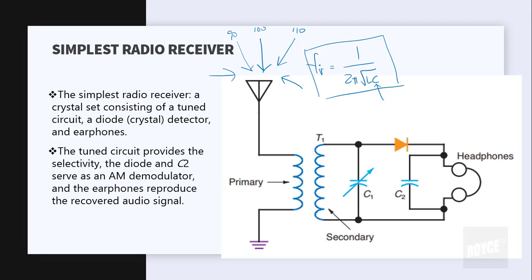So, halimbawa, ang hinahanap natin is channel, let's say this is channel 10, this is channel 11, and this is channel 9. Gusto mong makinig sa channel 10, so va-vary mo yung capacitance. Bakit? Para itong tuned circuit na to will only resonate at this desired frequency, effectively filtering out all of the other frequencies.